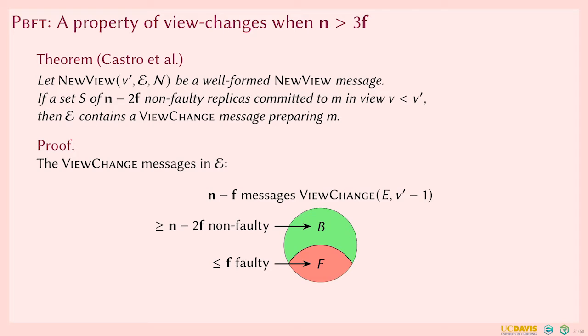But n-2f of these view change messages came from good replicas. And again, the set of replicas that committed and the set of replicas that provided the view change values must overlap as long as we have sufficient replicas. Otherwise we get a contradiction with the number of replicas we have. So this really proves that PBFT in their view change process will always keep committed messages.